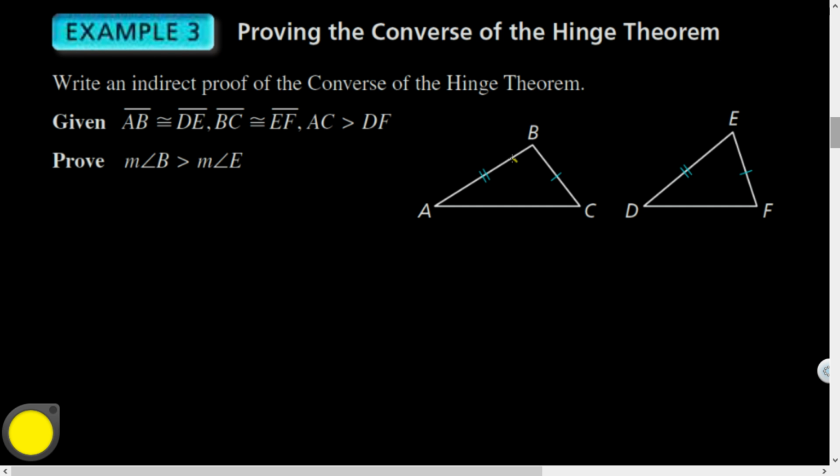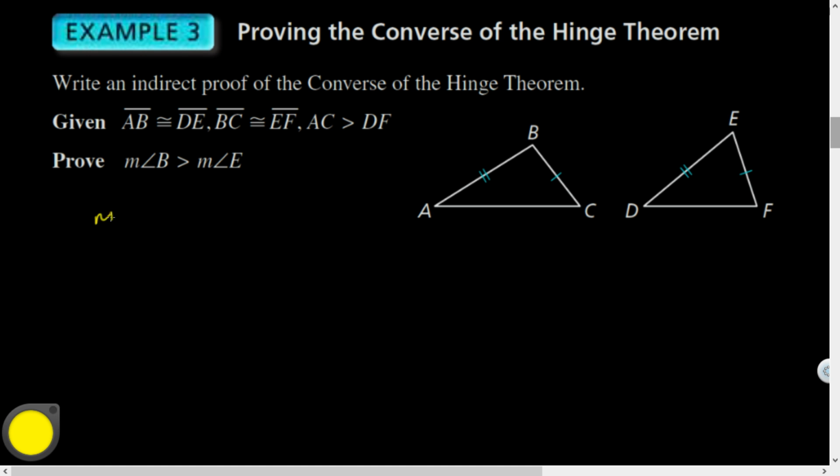They want me to prove that angle B is going to be bigger than angle E. All right, so let's see what we can do. I think we're going to have to do proof by contradiction. So I'm trying to prove this. So let's assume that what I'm trying to prove is false.